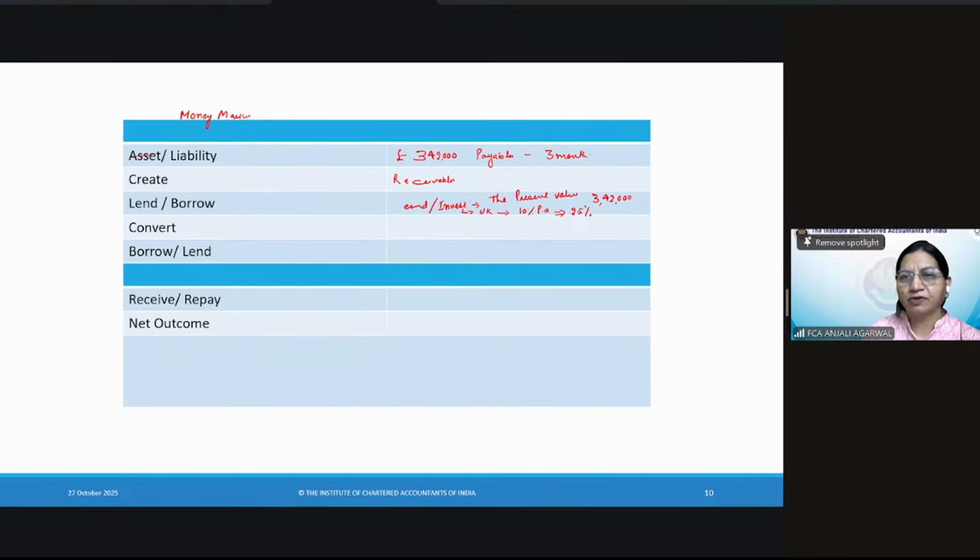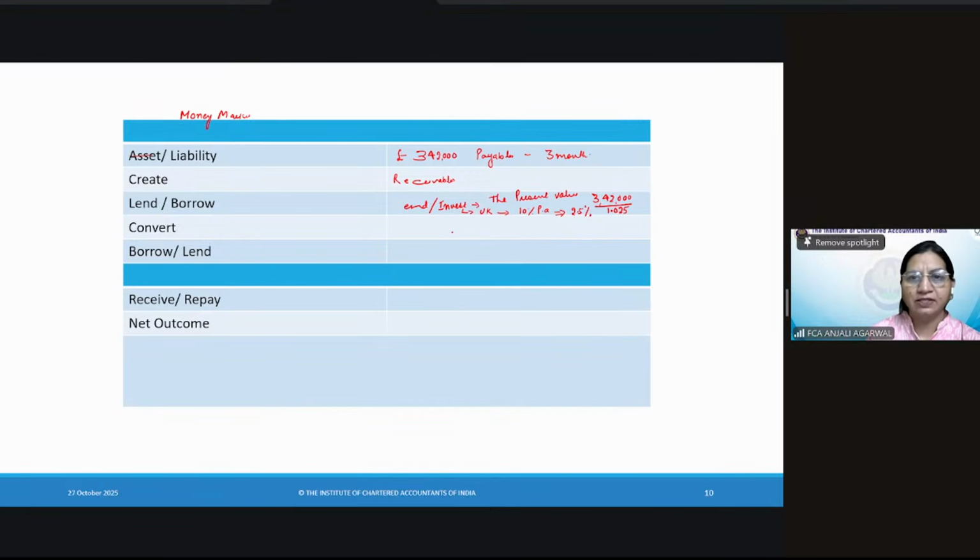So 342,000 will be divided by 1.025. You will calculate this figure. How much is the amount which is required to be invested? So this comes out to be 342,000 divided by 1.025, so 333,659 is what you will invest.